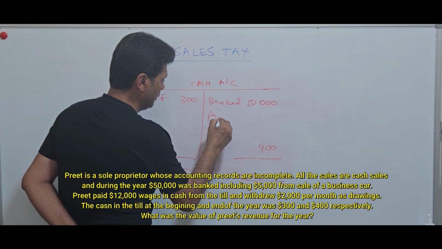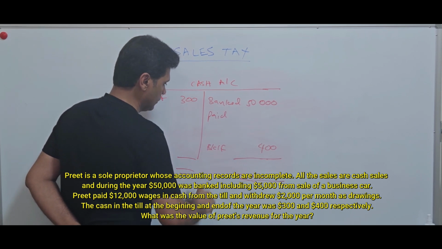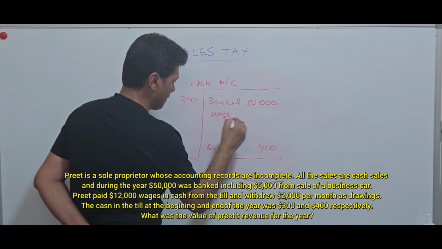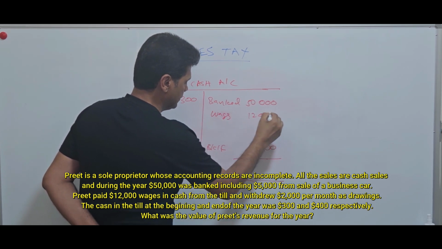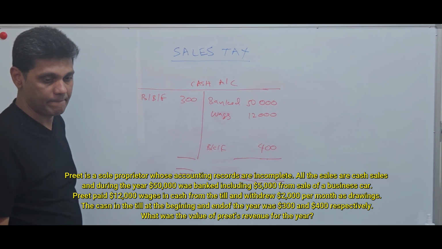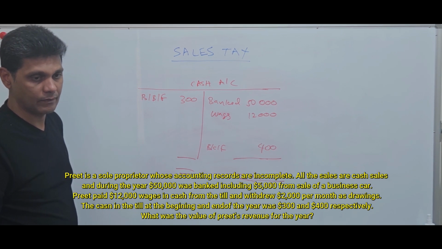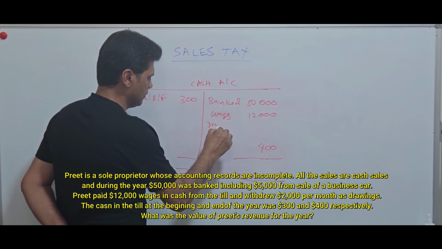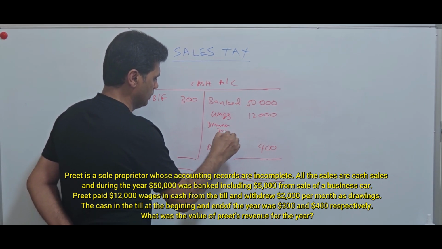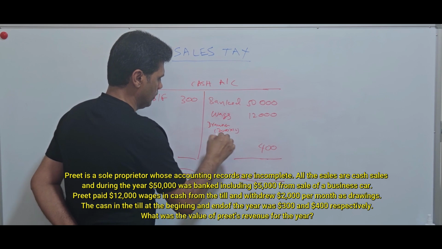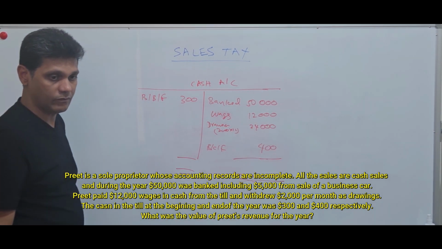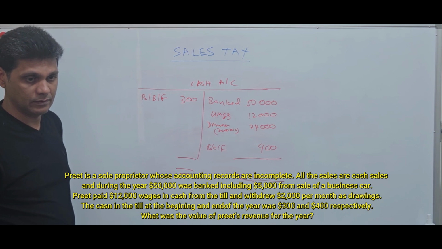So he paid wages, how much? 12,000. What else? 2,000 per month as drawings. Drawings 2,000 times 12, 24,000. What else? That's it.